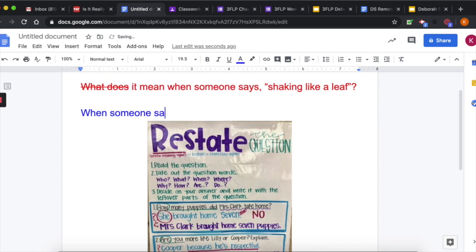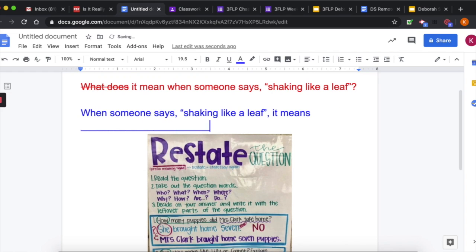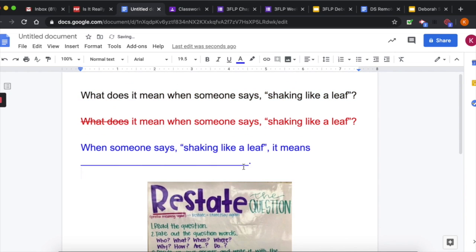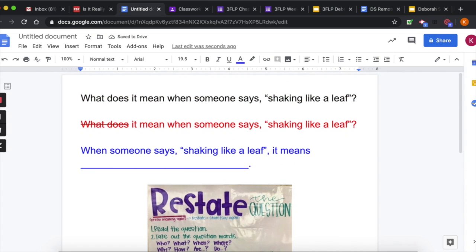When someone says shaking like a leaf, it means blank. So that's where I would fill in the rest of my answer. Don't forget when you're all done typing to proofread and make sure that you make sense. When someone says shaking like a leaf, it means blah, blah, blah.